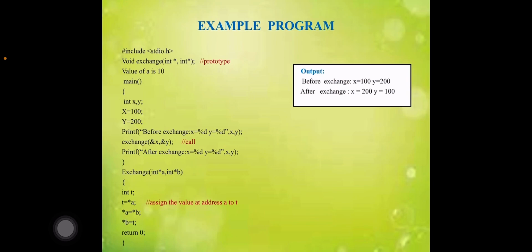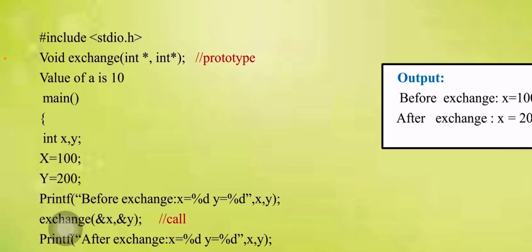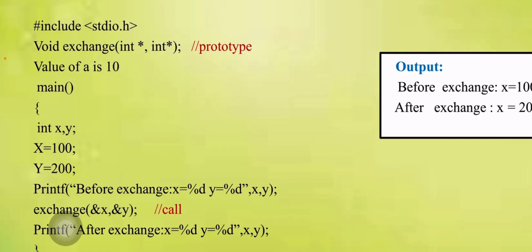When we pass the address of actual parameters to the formal parameters. Here the first statement is hash include stdio.h. That means we are adding header file stdio.h in our program to use the inbuilt input and output functions.